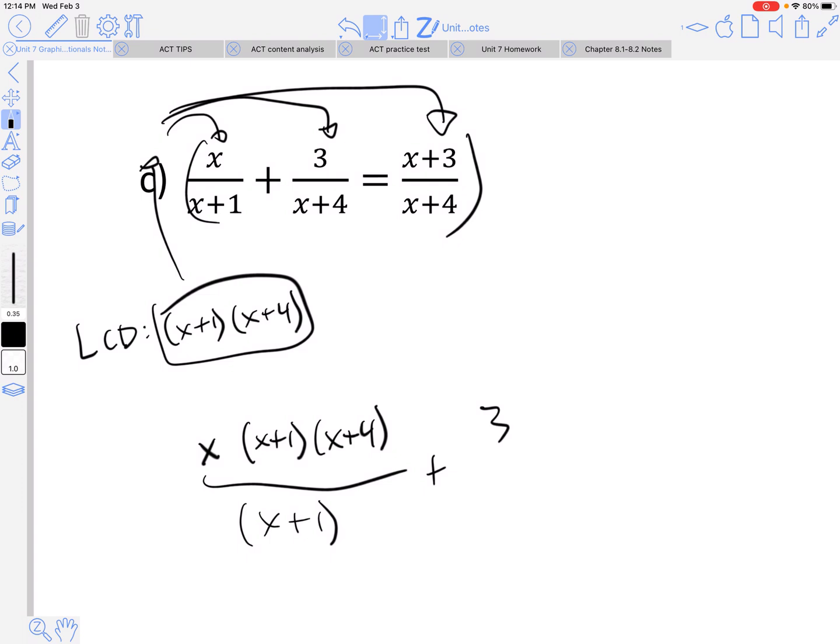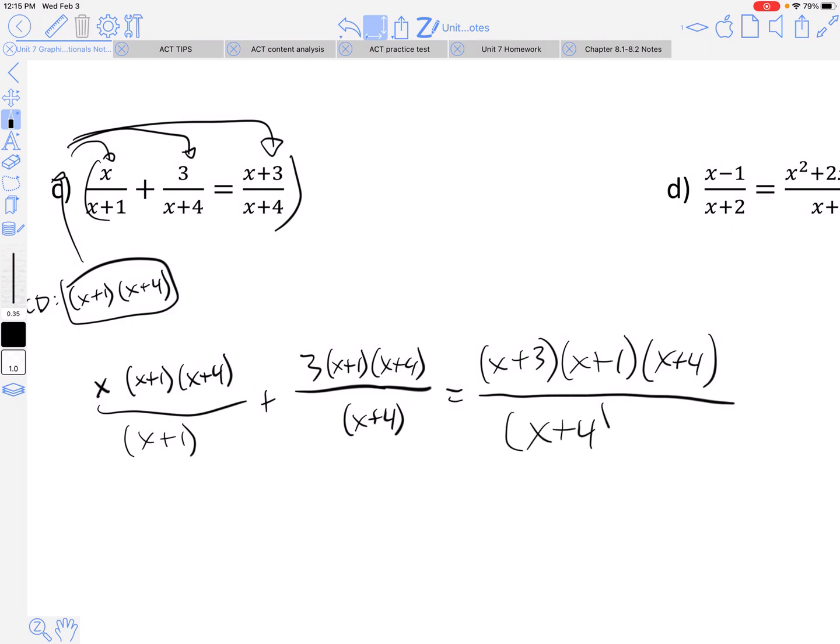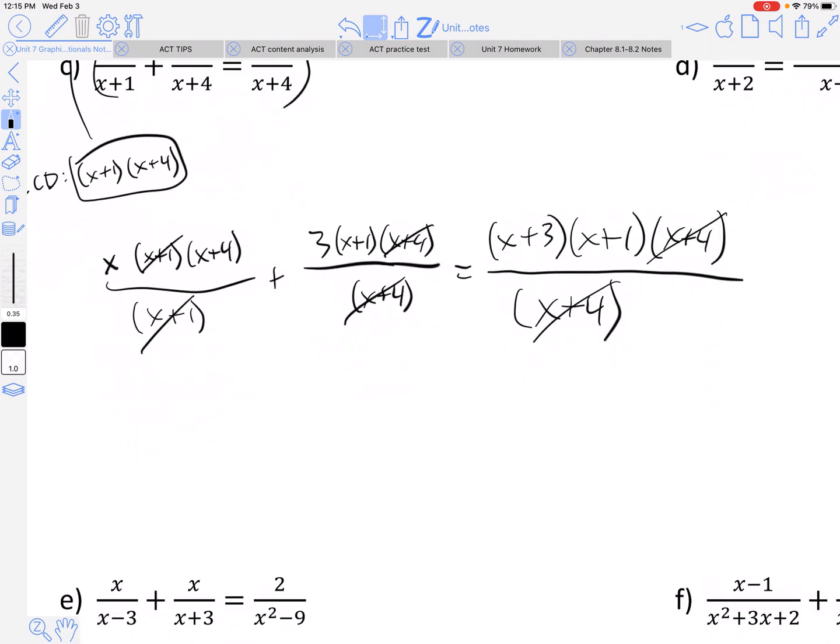So like I said, you might find techniques to help you speed this part up. I'm showing every step that I take just to make sure that everybody's clear on what's going on. So notice I have an x plus 1 times x plus 4 that multiplied to every term. Alright, so then I'm going to go through and cancel out, and you're going to notice we don't have fractions anymore, right?